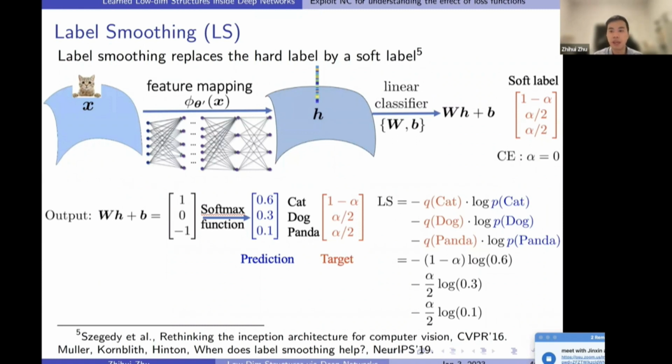So we will say, now we label these samples as 90% cat, 5% dog, and 5% panda. Here alpha captures the uncertainty. This is called the soft label. Then, in label smoothing, we use the cross-entropy loss to capture the difference between the network output probabilities and this soft label.